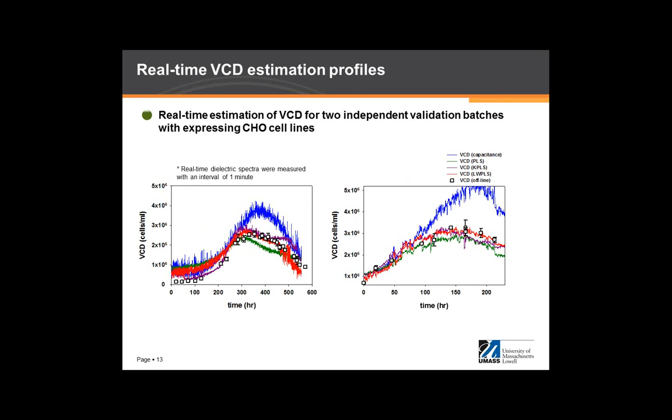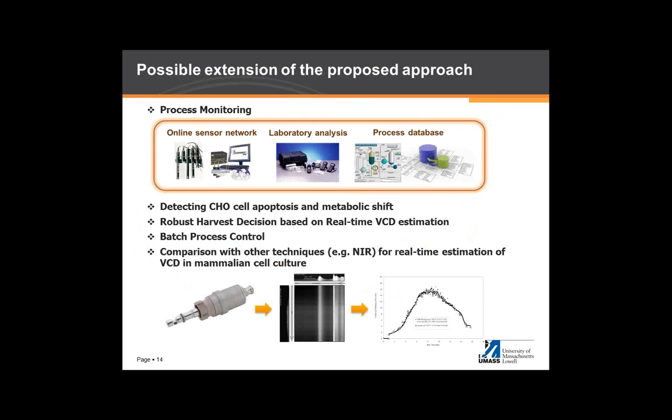And based on this locally weighted regression model, and also the nonlinear model and regular PLS model, we calculated viable cell density value in real time. And if you see again, this real time performance is also demonstrating the locally weighted methodology is giving the best performance.